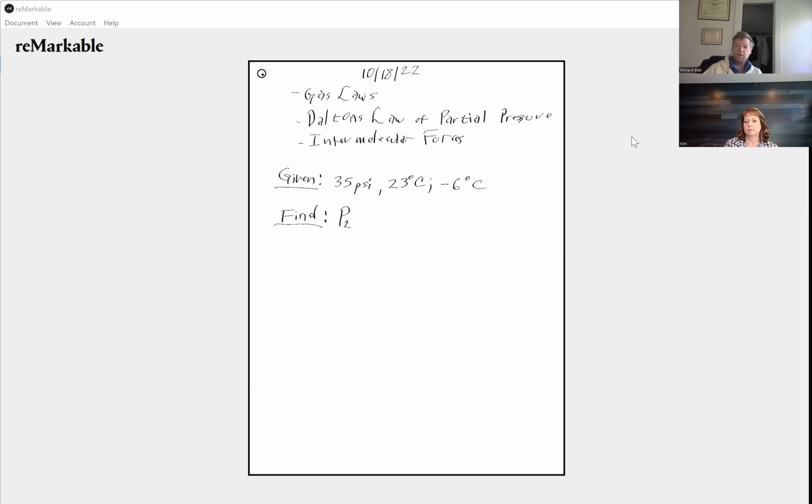This one, notice, we are only given, well, first of all, you can be given 4 parameters, but the big clue here is that you have changing parameters. If one of those parameters changes, like here, we have temperature changing, we have pressure changing. If you have a changing parameter, you need to derive a new gas law.